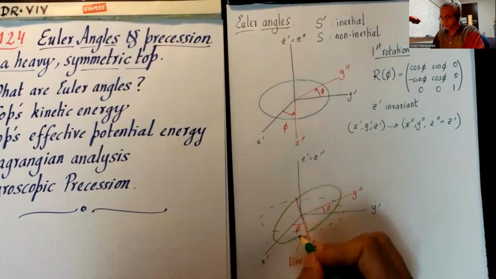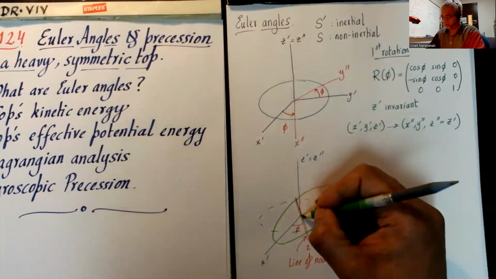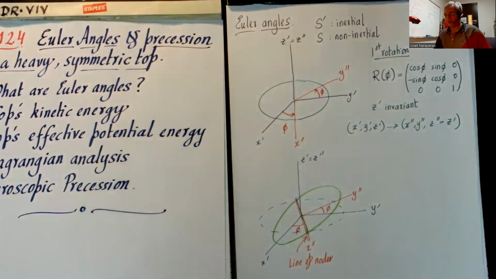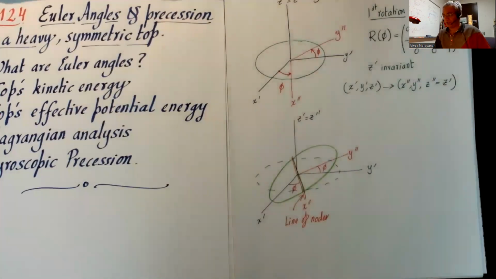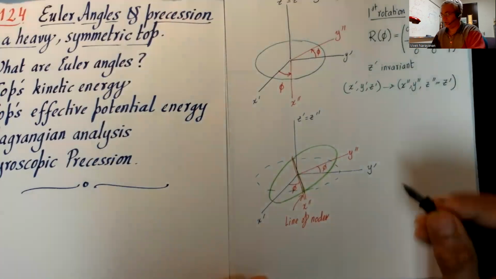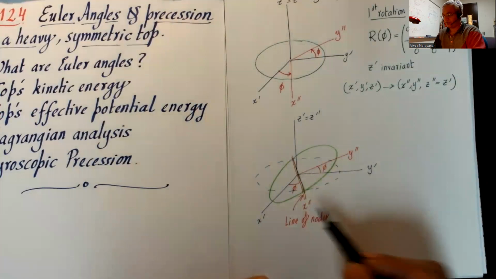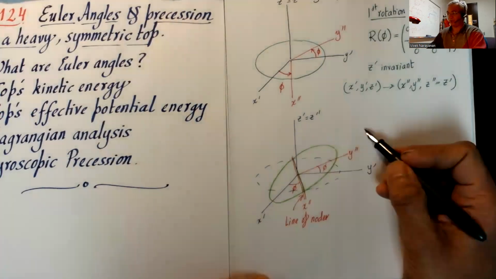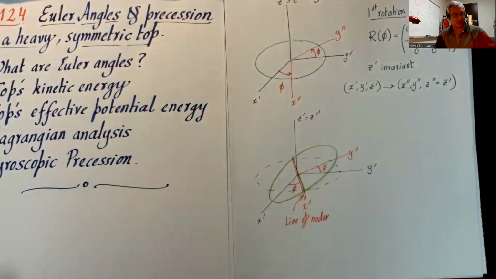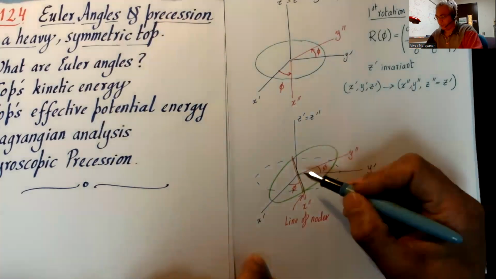It's really an interesting exercise in perspective. So now I have tilted it by an angle theta. So the angle theta would be with respect to the new, the x double prime axis doesn't change, but now the y double prime axis has changed. So it's been shifted out of the plane of the paper.